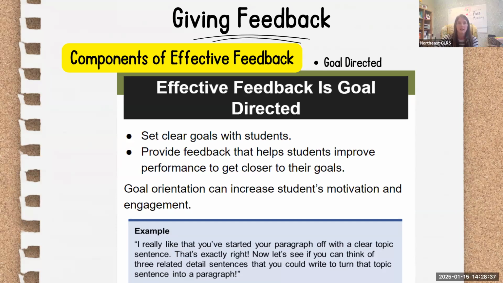We're letting them know our expectation is to ultimately turn that topic sentence and supporting sentences into a paragraph. We're letting them know that topic sentence is exactly where we need to be. Now let's think of 3 detail sentences that we can add to that topic sentence as we are forming a full paragraph.